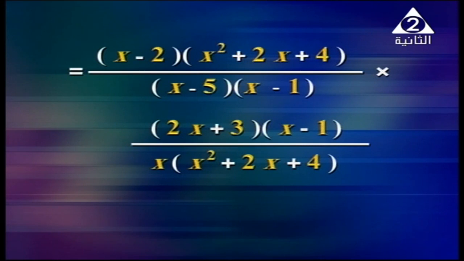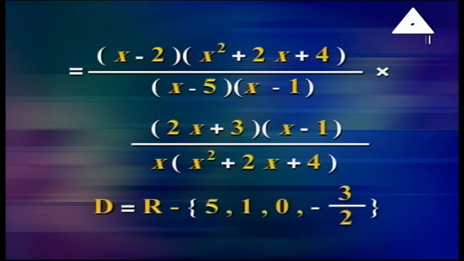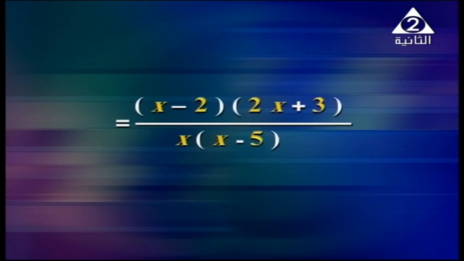Then first you are going to find the domain of the fractional function. So the domain will be R minus {5, 1, 0, and negative 3 over 2}, to find a result as (x minus 2)(2x plus 3) over (x minus 5).